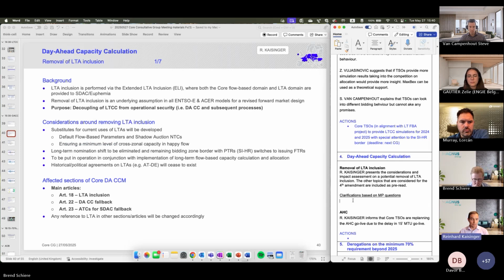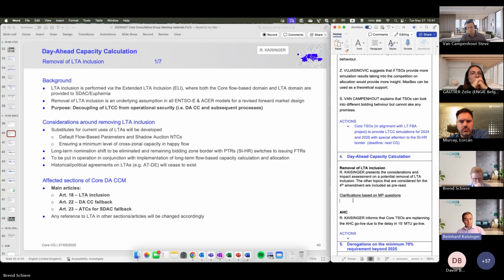On the background, today we perform LTA inclusion by means of extended LTA inclusion. This means that both the day-ahead flow-based domain as well as the long-term allocated domain are provided to SDOC/Euphemia, and during allocation, both domains are used to maximize socioeconomic welfare, and whatever domain gives more capacity in the market clearing point is ultimately also binding as long as there's price divergence.